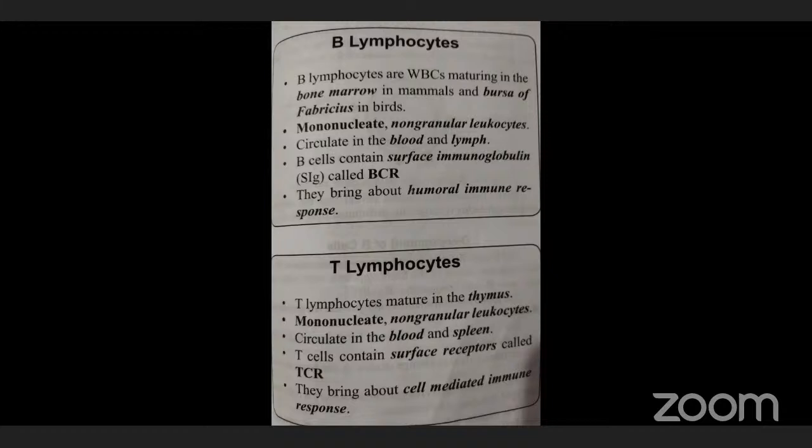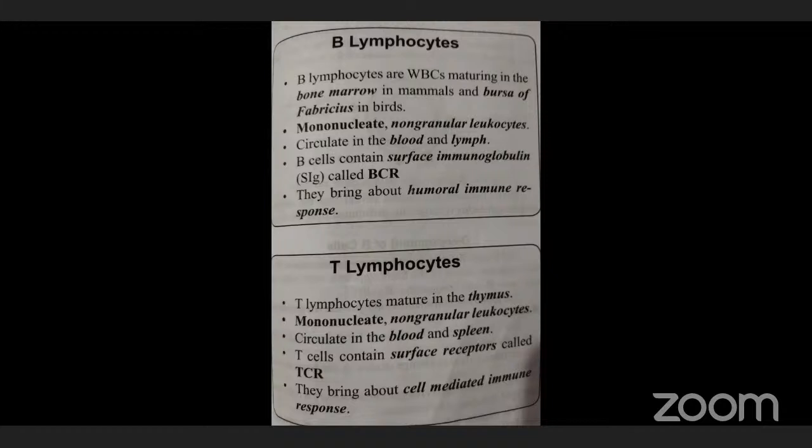Viral infected cells secrete cytokines. Cytokines activate the NK cells because cytokines are signaling molecules. For example, when cells are affected by the virus, the viral infected cells produce some signals, and one of the signals is cytokines. That signal activates the natural killer cells.